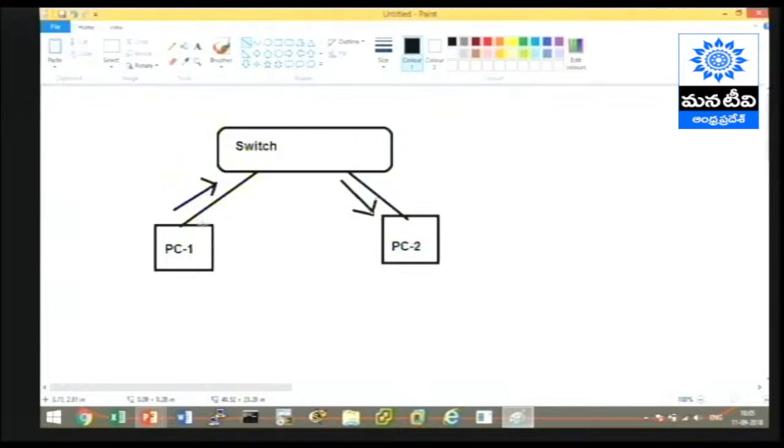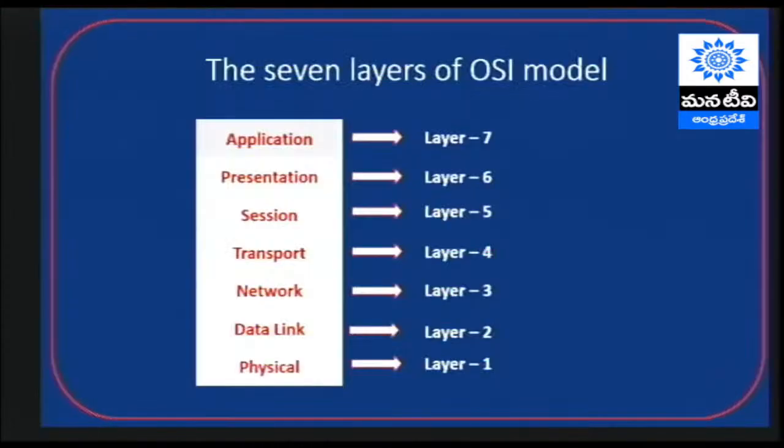But how does this computer know the data should be sent to that particular computer? For this data communication, a set of protocols are required, and those protocols are designed in the OSI model and the TCP/IP model. So the first discussion is about the application layer.